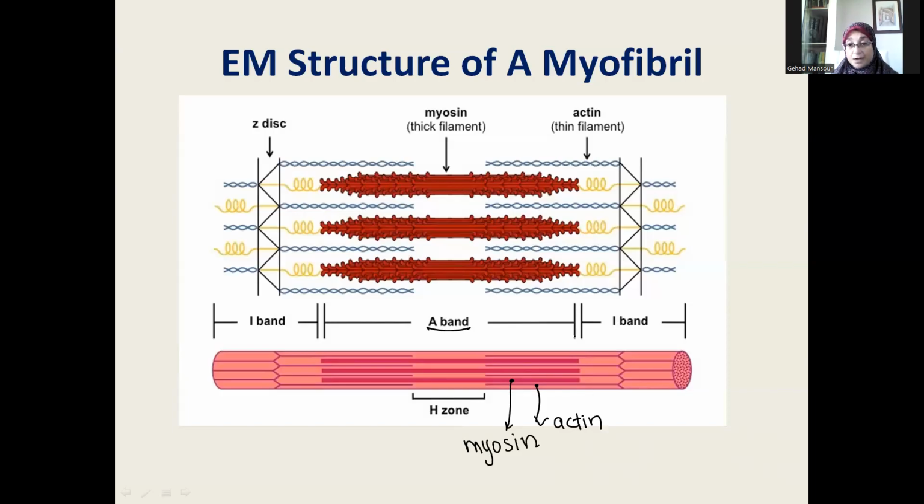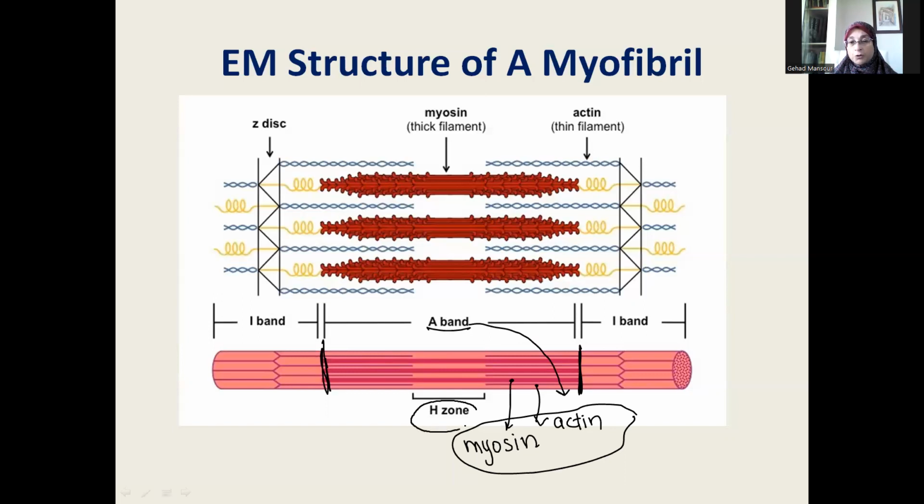So it is clear that in the A band that starts here and ends there, we have both myosin and actin. And by definition, the A band is the part of the myofibril where you will have both myosin and actin filaments.